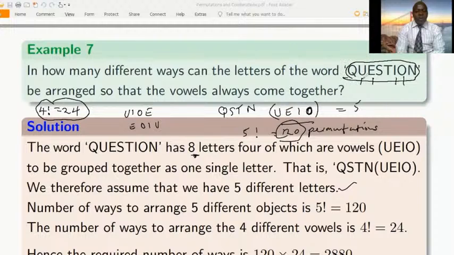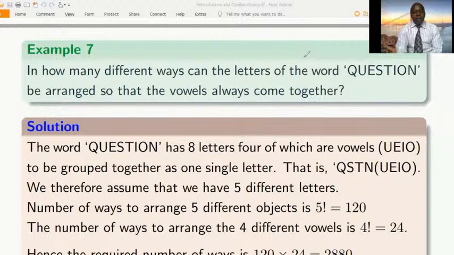So the number of ways you can arrange the letters of this word is this 120 times this 24. And that gives you 2880 ways. And I've just explained that here.